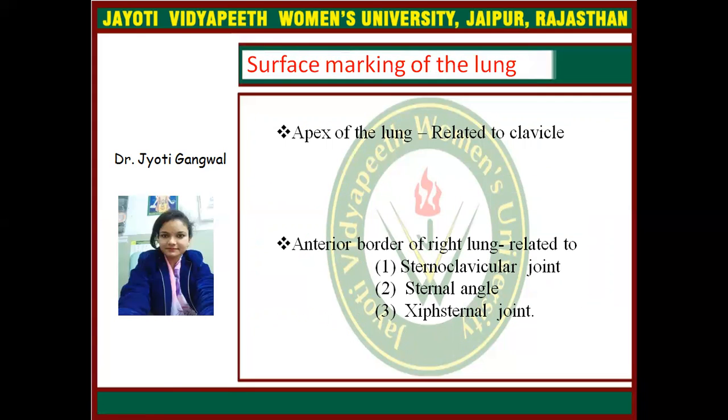Now we will talk about the surface marking of the lung. First we will see the apex of the lung. The apex of the lung is related to the clavicle.